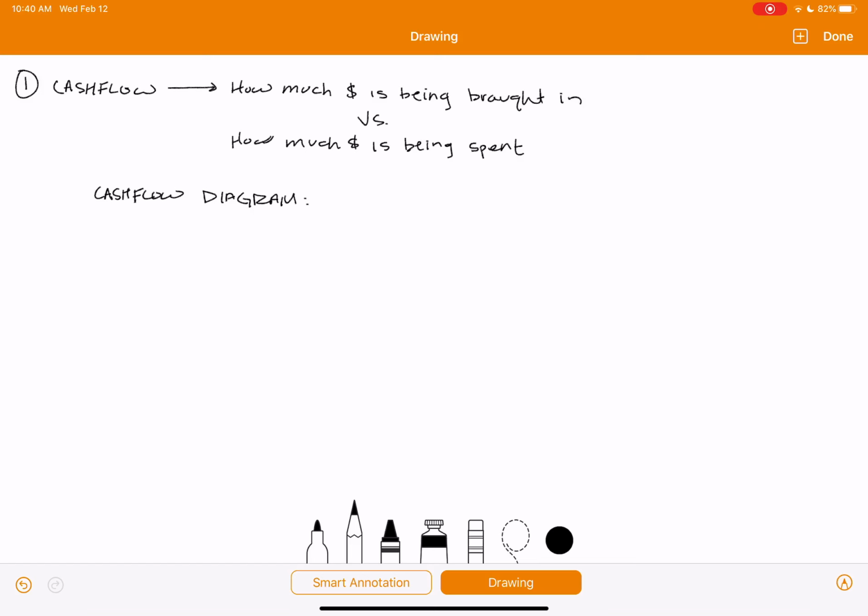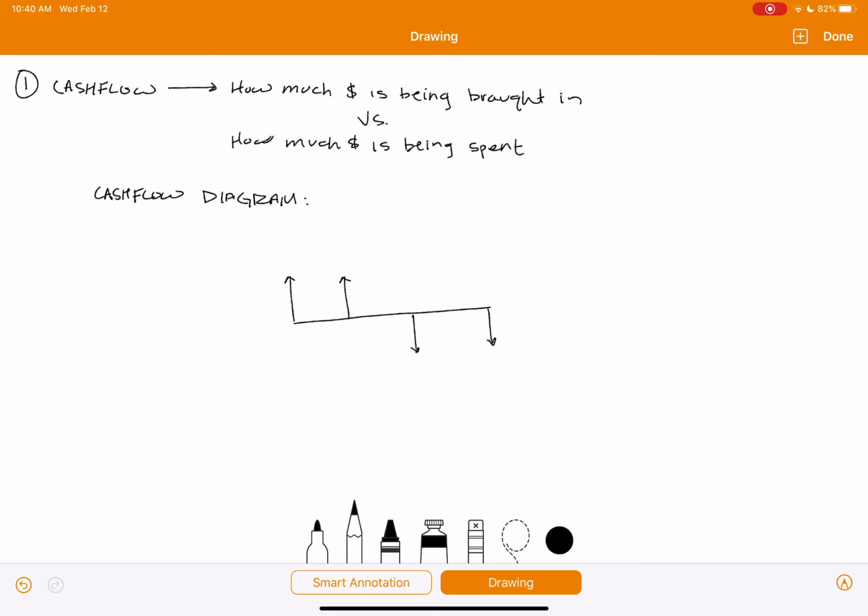So what these look like, there's going to be a line, and this is just kind of depicting time, right? So once we have that, we'll have certain arrows that either go up or down.